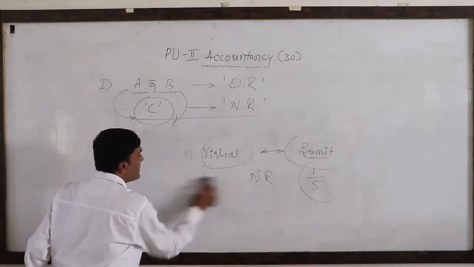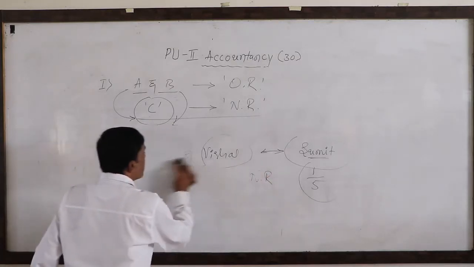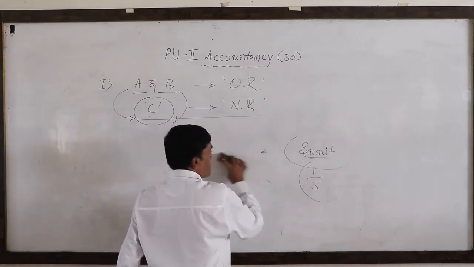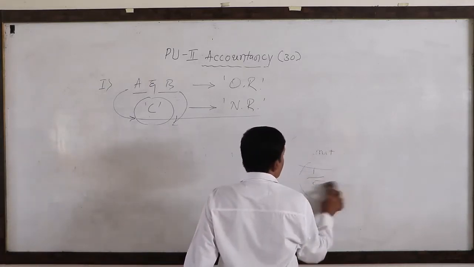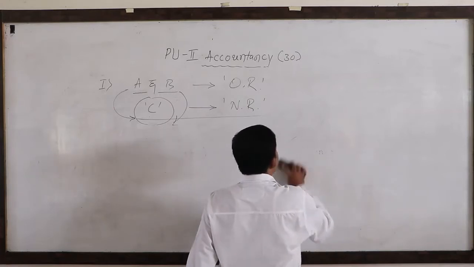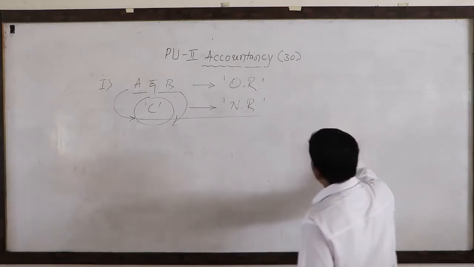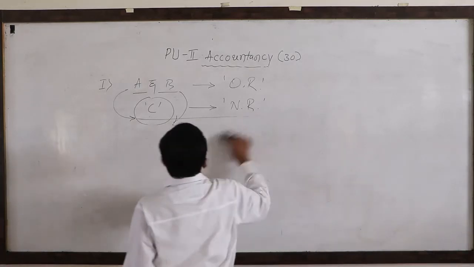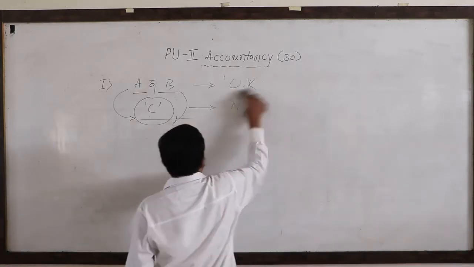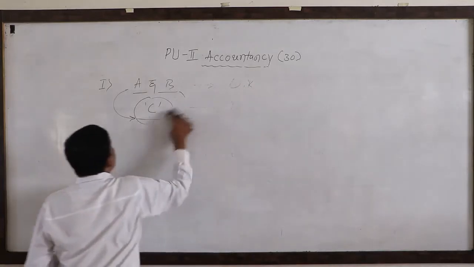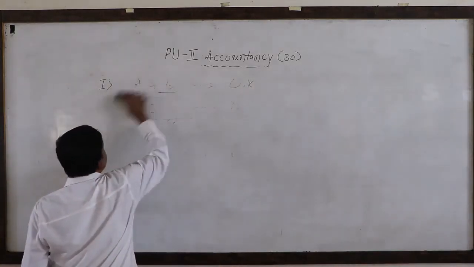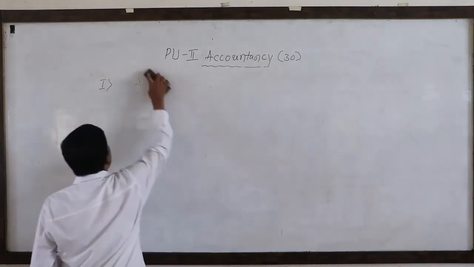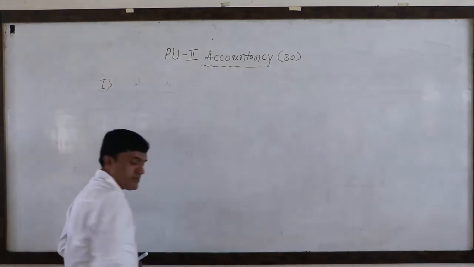The simple thing is, while ascertaining the new ratio under this situation, we give the new ratio of the new partner to the new partner only. The remaining profit will be distributed to the old partners in their old ratio.